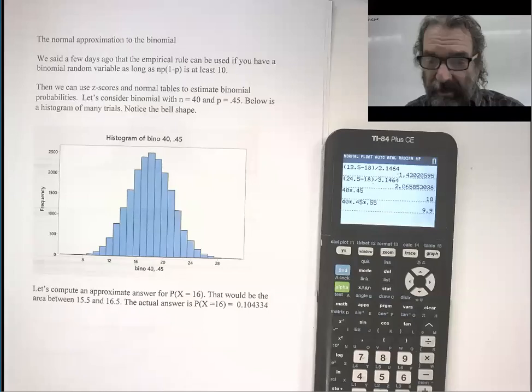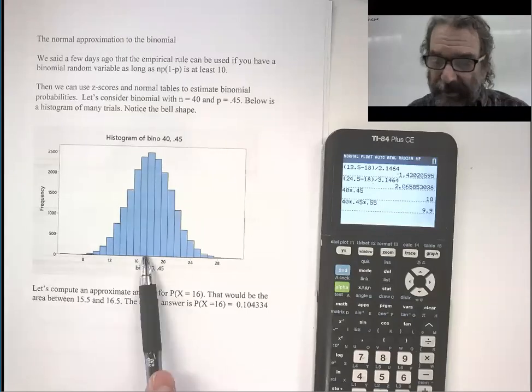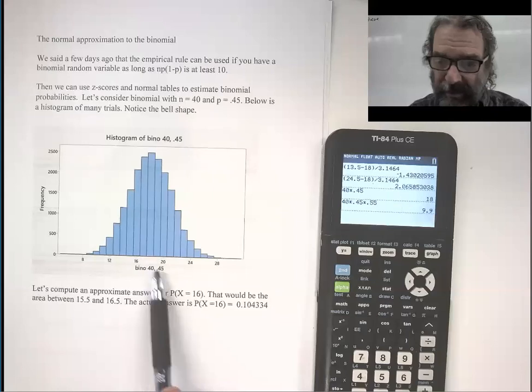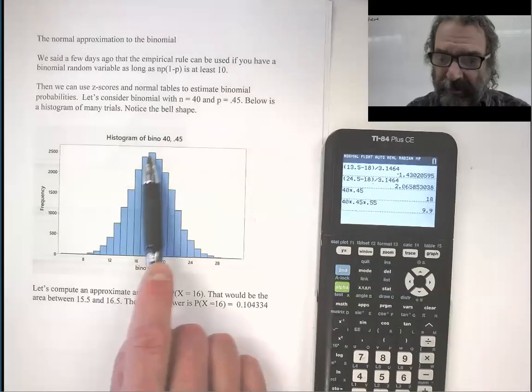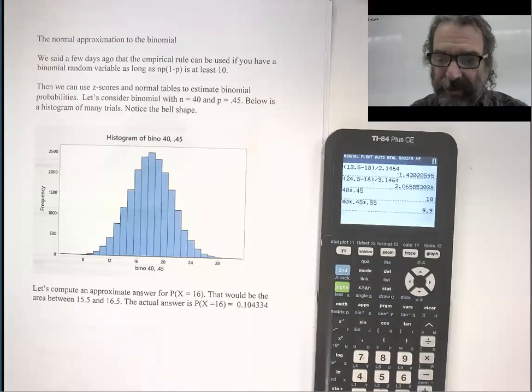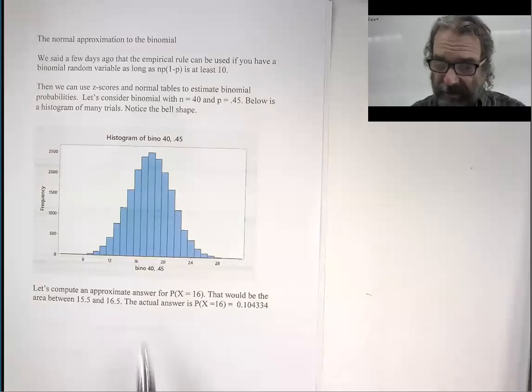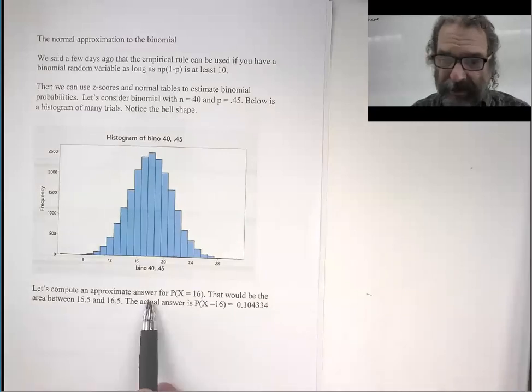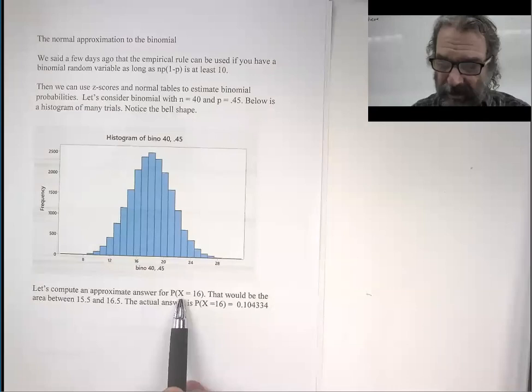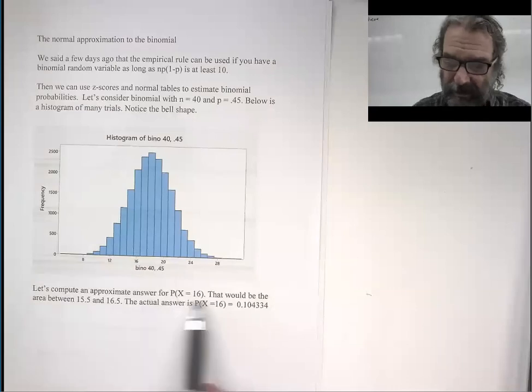And there it is. Binomial, n is 40, p is 0.45. We did a huge number of trials and made a histogram. It's very reflective of the shape of a binomial distribution. All right, so let's compute the approximate answer using the normal distribution for the probability x is 16. That would be the area over 16.